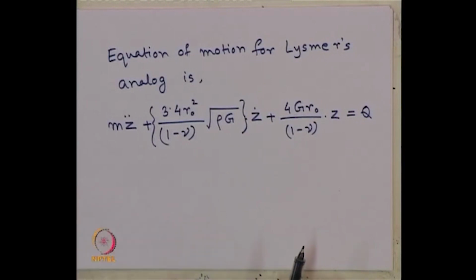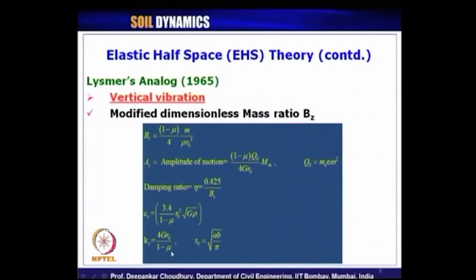So, let us see the different terms as proposed by Lysmer. The spring constant Kz can be calculated, as we have already mentioned, for vertical mode of vibration as 4 g r naught by 1 minus mu, where r naught for any rectangular foundation can be calculated as root over a b by pi.